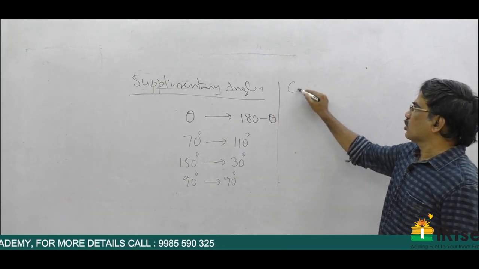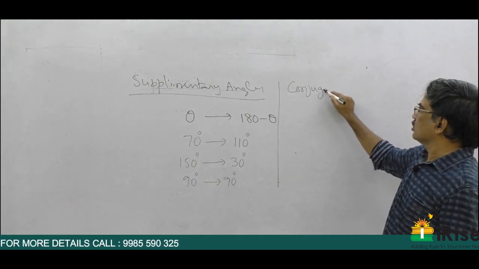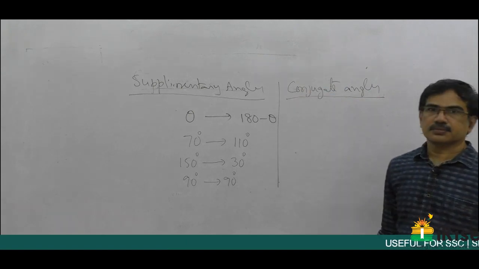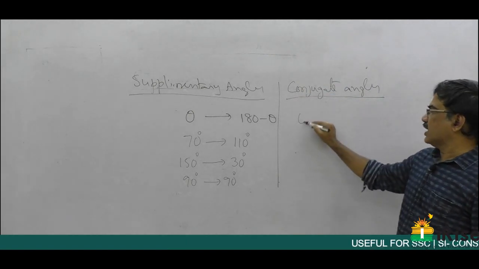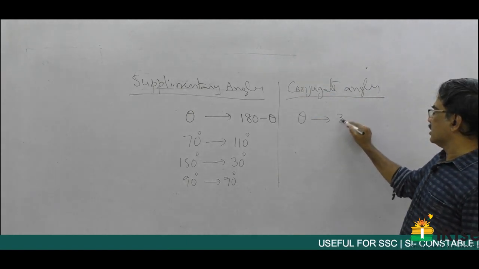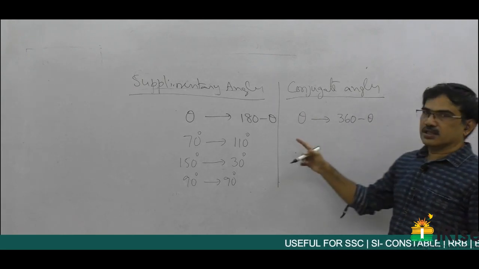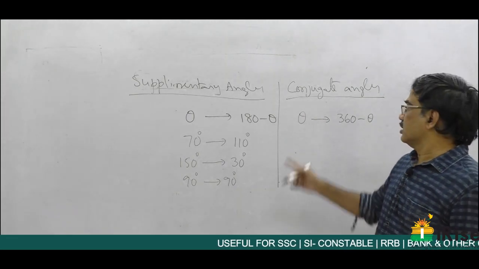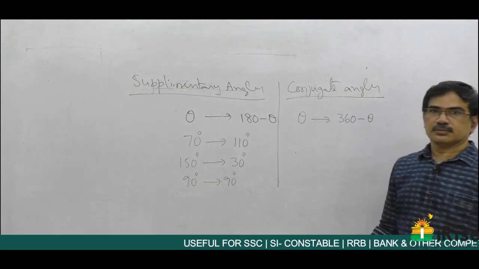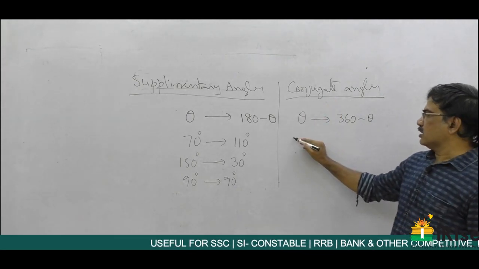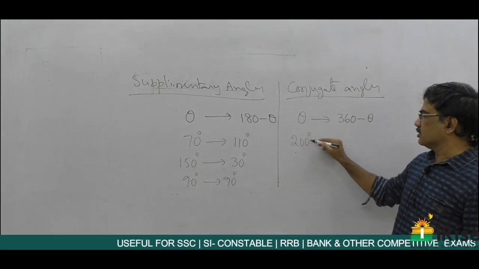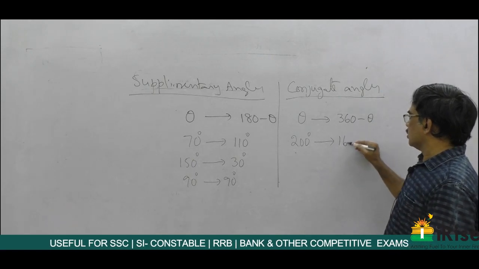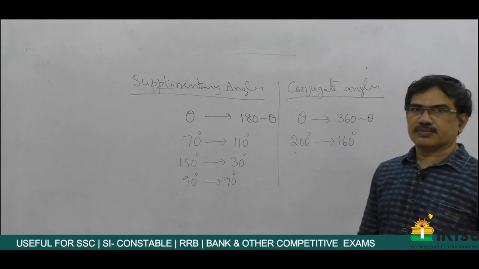Next, what are conjugate angles? If the sum of two angles is equal to 360 degrees, they are called conjugate angles. What is the conjugate angle of 200 degrees? The conjugate angle of 200 degrees is nothing but 160 degrees.